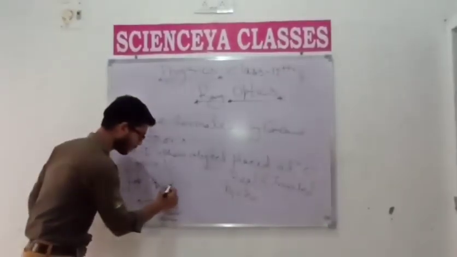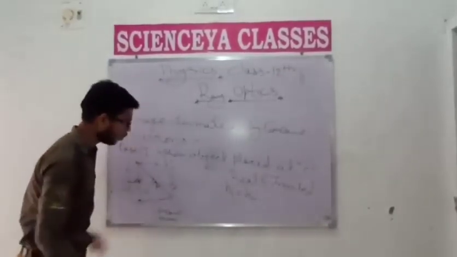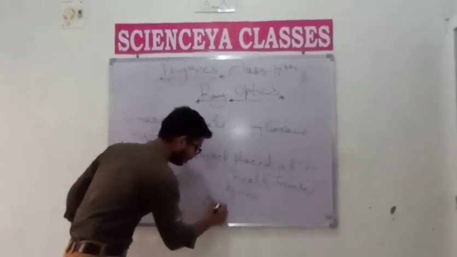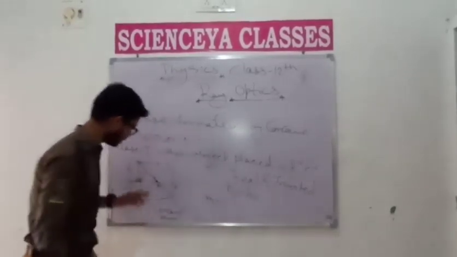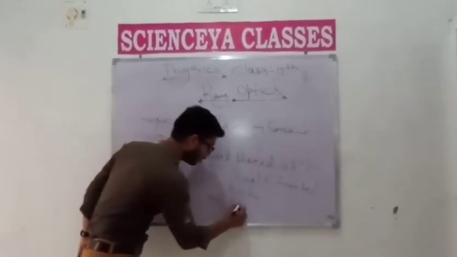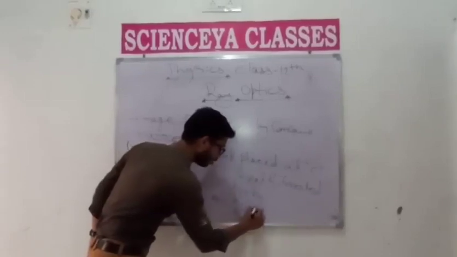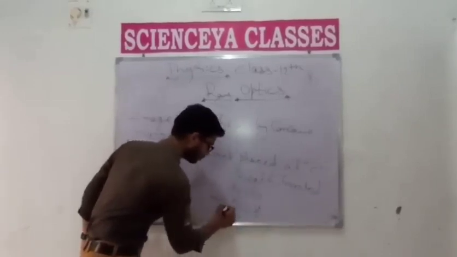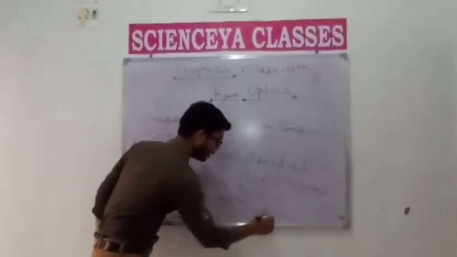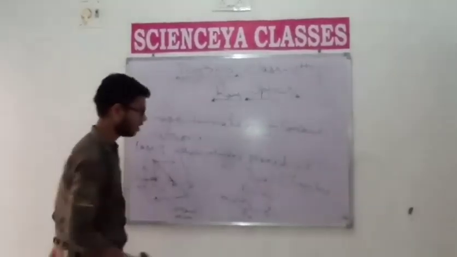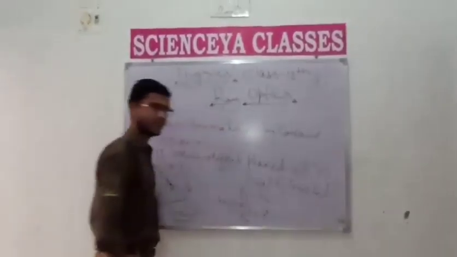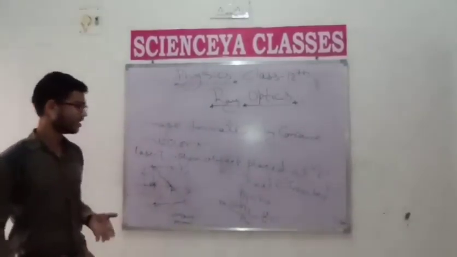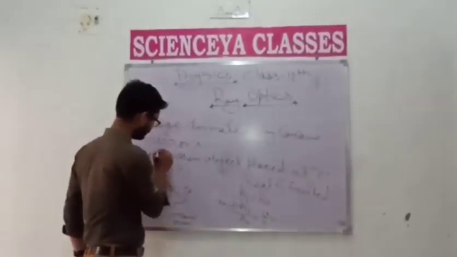Okay student? And the third point, that is magnification or linear magnification, is just the ratio of HI upon HO, and that is equal to V by U. So student, these both are equal to each other, so the value of linear magnification is 1. Okay student? It is case three.